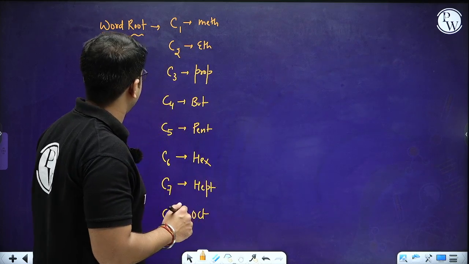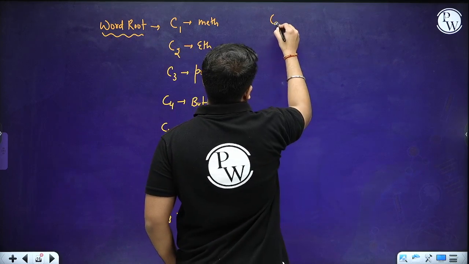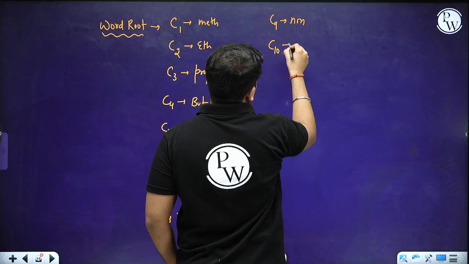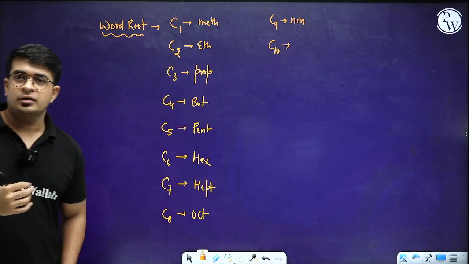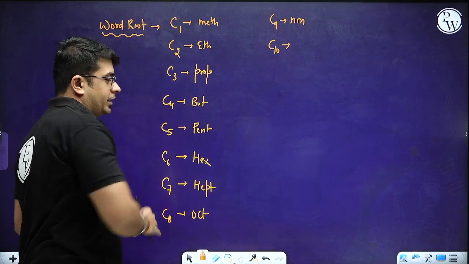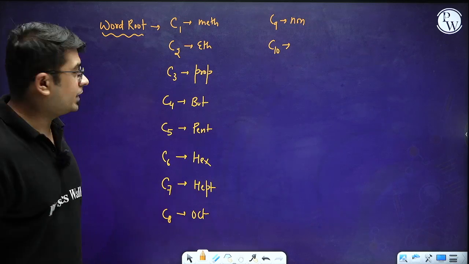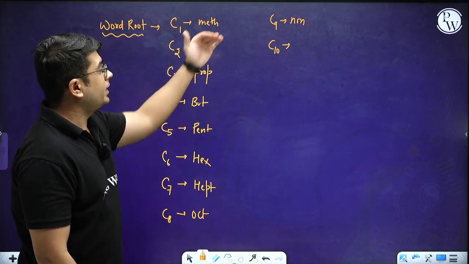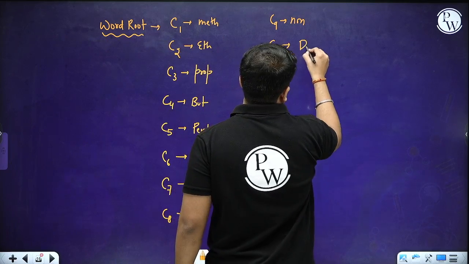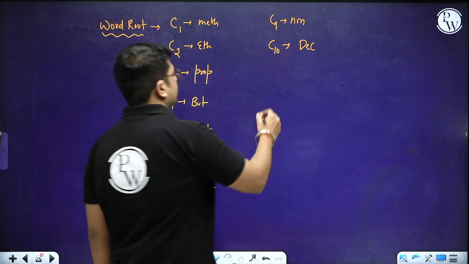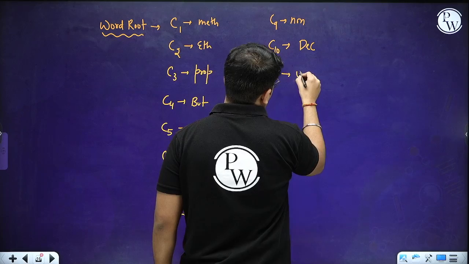Okay. 9, it is non. 10, dec. So basically I'm using certain word roots in every case: meth, eth, prop, but, pent, hex, hept, oct, non and dec. Okay. If I talk about the 11, this one will be undec.